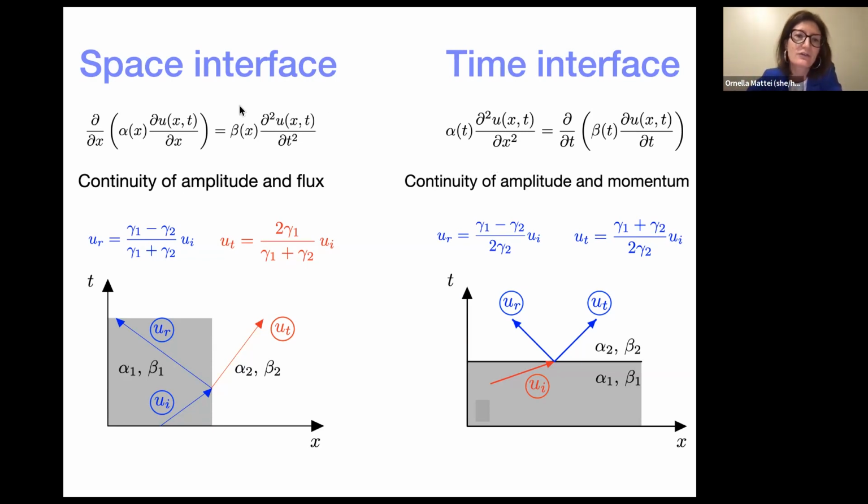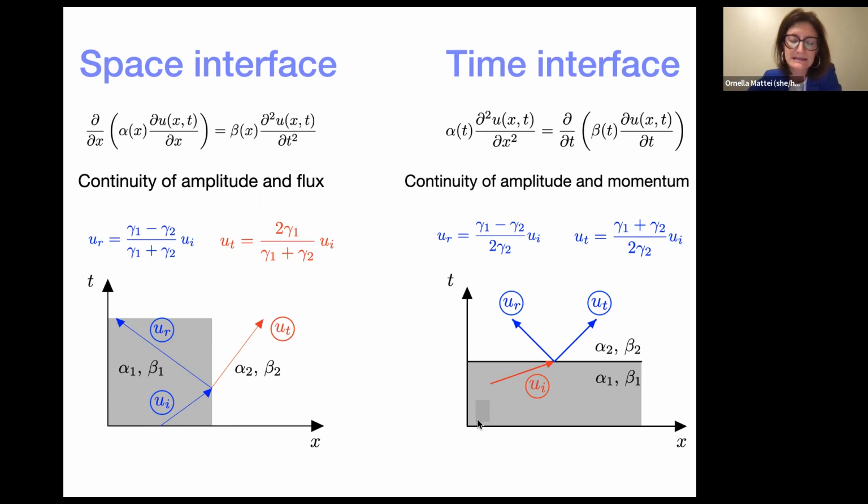So if for the space interface, we have the continuity of the amplitude of the wave as well as the flux, then when you apply these transformations, x into t and alpha into beta, you do end up with the continuity of the amplitude and the momentum. So we have the reflection and transmission coefficients for both cases.